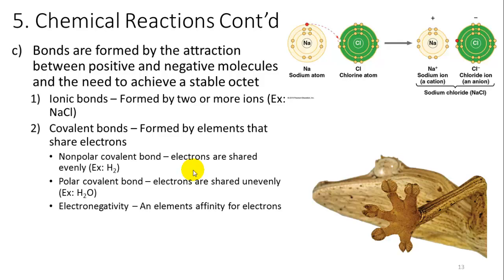And the affinity for electrons is called electronegativity. So oxygen is more electronegative than hydrogen. Now, in a polar covalent bond, the compound will then have areas in which they have a negative and positive charge, because if it has a more electronegative element like the oxygen, it will have more of the negative charge there.